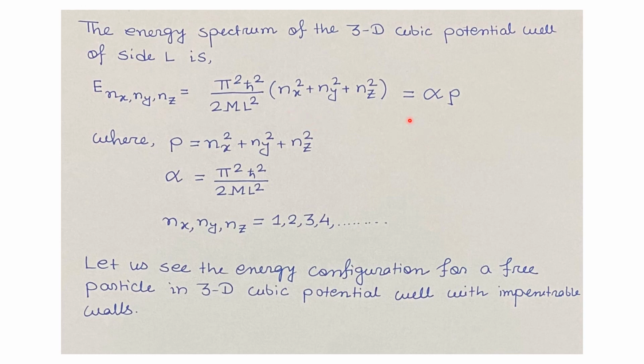So we can write this as alpha times p, where p is nx square plus ny square plus nz square, and alpha is the constant term, pi square h cut square divided by 2M capital L square. Here nx, ny and nz can take the integer values 1, 2, 3, 4 and so on. Let us see the energy configuration for a free particle in a 3-dimensional cubic potential well with impenetrable walls. We'll see it in the next slide.